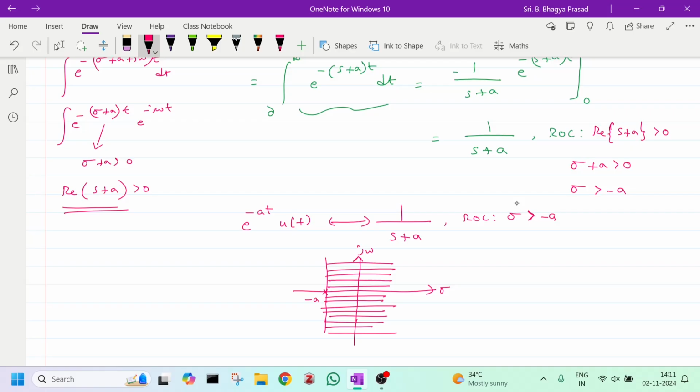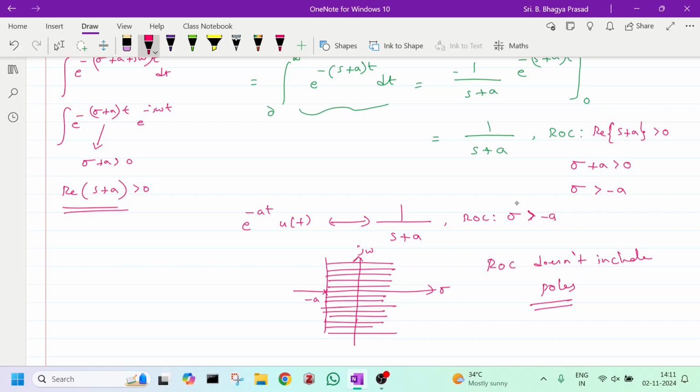Observe that this is a right-sided signal, and you can make an observation that for this right-sided signal the ROC is to the right of that pole, and this ROC doesn't include poles.